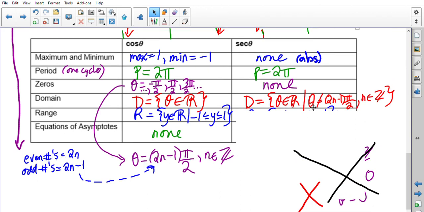So theta is an element of real numbers such that it cannot equal 2n minus 1 times pi over 2, where n is an element of integers. So this came right from here.